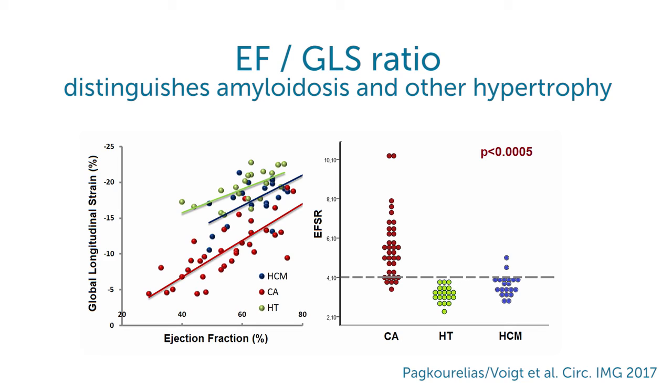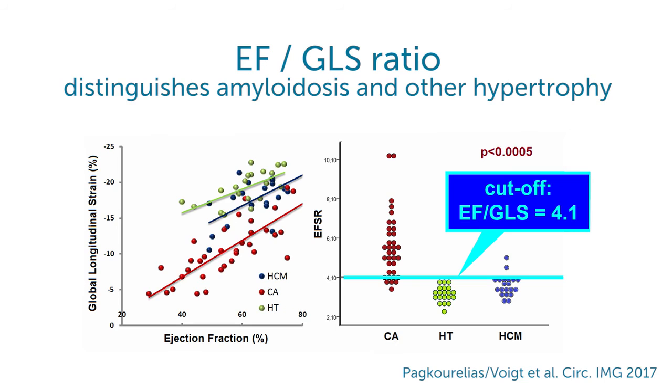And we found something very interesting: this ratio between ejection fraction and global longitudinal strain is higher in patients with cardiac amyloidosis than in other forms of hypertrophy like hypertension or hypertrophic cardiomyopathy. And we found a cutoff of around 4, which distinguishes these groups. So in other words, we have a divergence between the ejection fraction and strain under certain conditions. Yes, and this divergence between the two can be rather extreme.